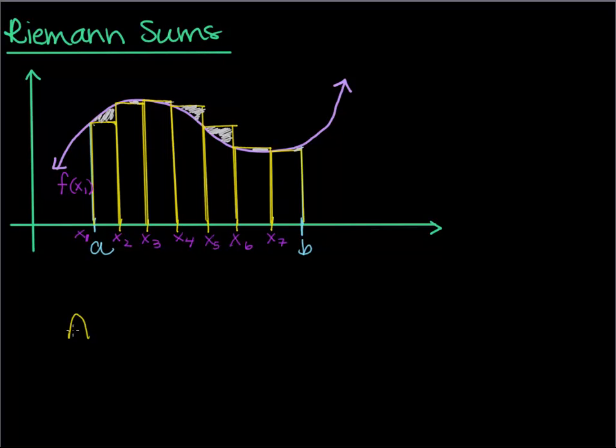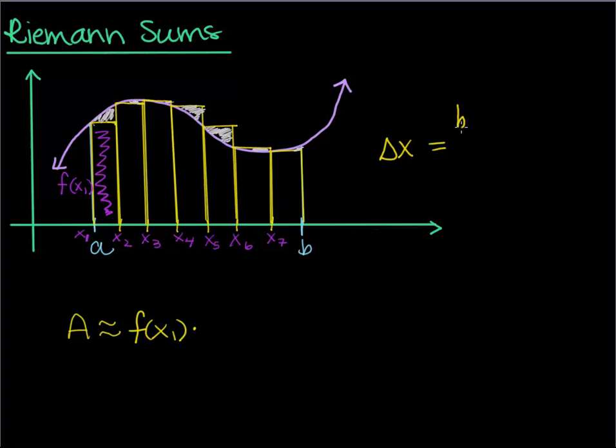So my area, again, I'm going to let A be the area underneath the graph. It can be approximated by, well, let's look at the area of this first rectangle right here. I know the height. How do we find the area of a rectangle? Base times height. So the height is just f evaluated at x sub 1. And the width, if you remember in your book, these rectangles are all of the same width.